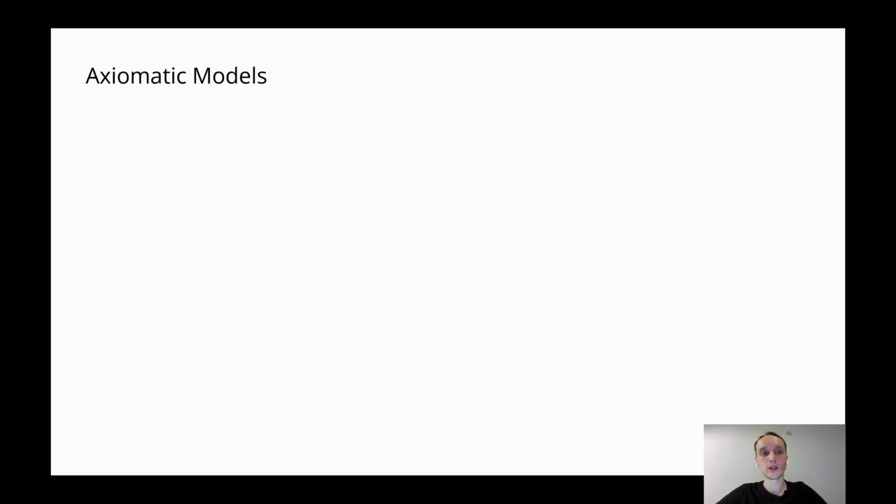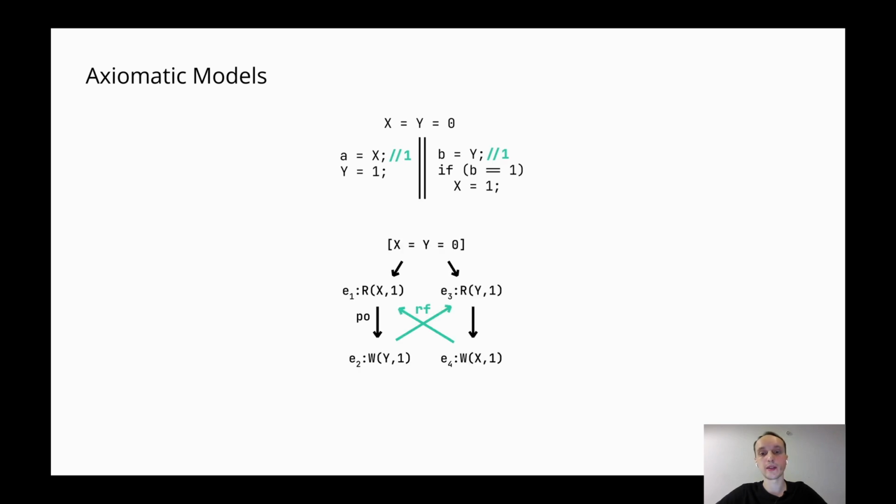Relaxed memory models are defined axiomatically in per-execution style using so-called execution graphs. Nodes of this graph represent various events such as read or write accesses to the memory, and the edges in these graphs form various relationships between these events.